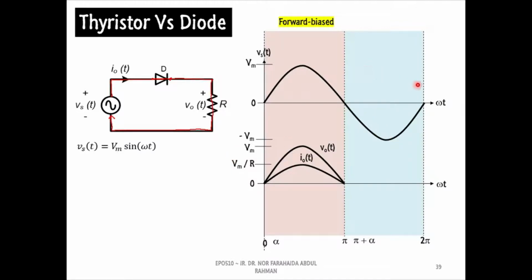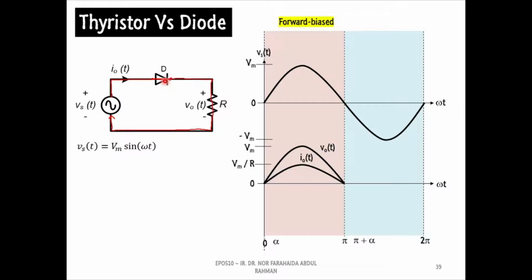Now, the supply voltage waveform is in the negative half cycle. For this condition, the current will flow from the negative terminal of the voltage source to the cathode terminal of the diode.